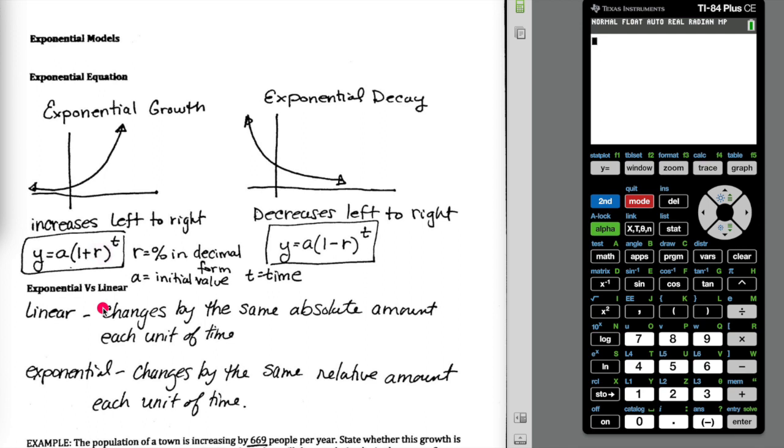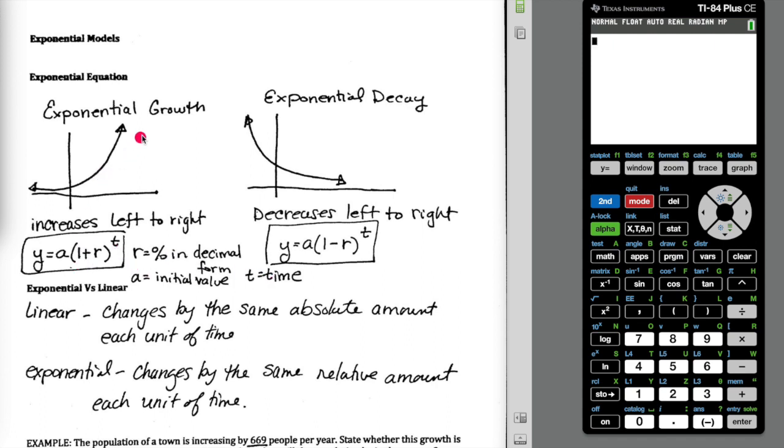So, for example, if something is growing at a rate of, let's say, 30%, then R is going to be 0.30, because you want to make sure that you write your percentage in decimal form when you plug it in for R. So R is your percentage or your relative rate in decimal form. Okay, and then your T is your time.